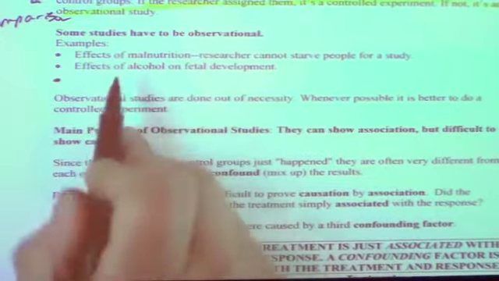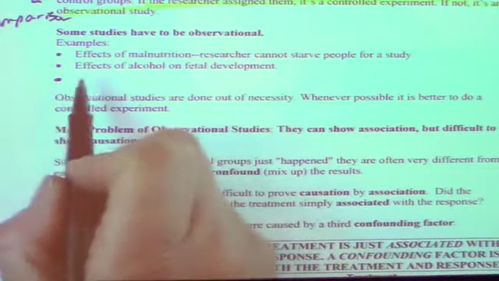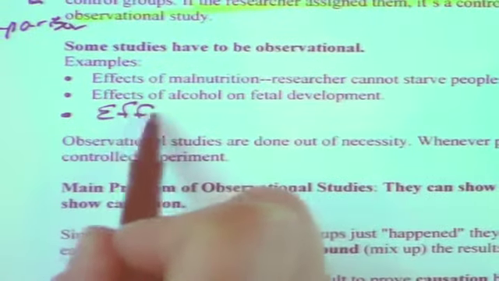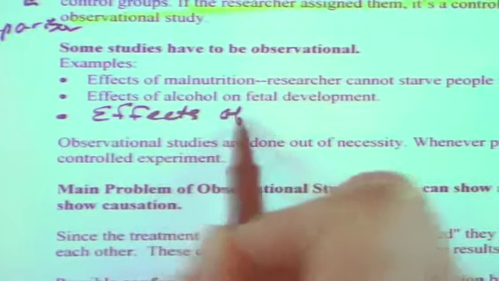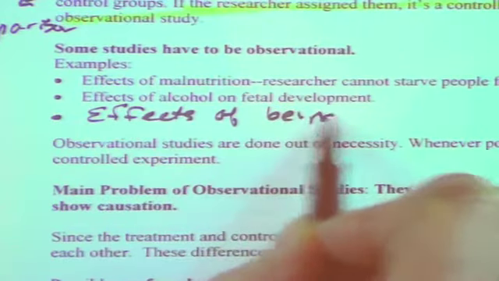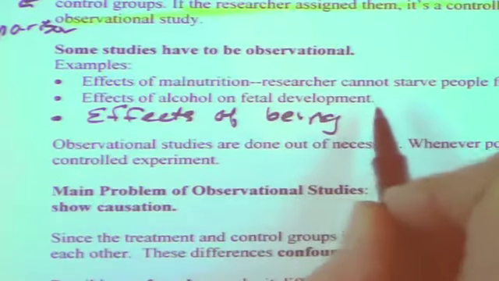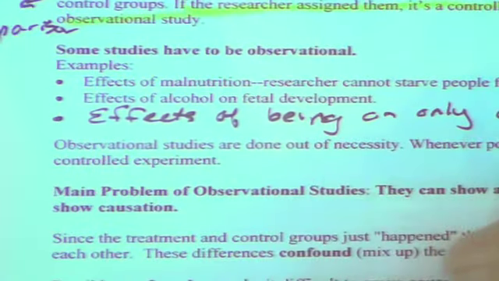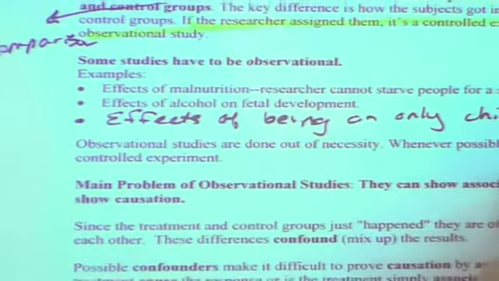So some studies have to be observational, and then others just circumstance. Like you might want to study, as we said before, the effects of being an only child compared to having a big family. That's just general circumstances that happen to you.